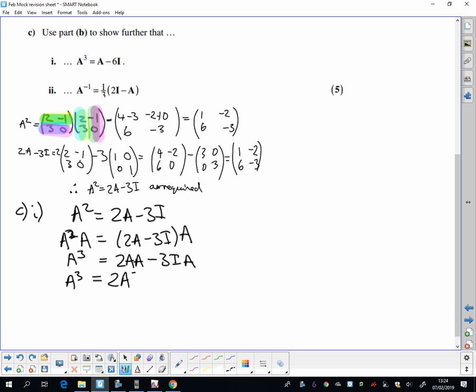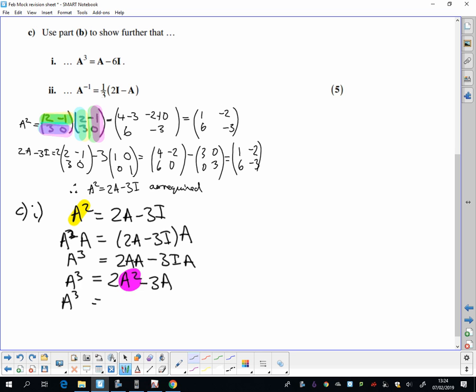So that's 2A squared. Subtract, now the identity times any matrix is itself, so subtract 3A. As you can see, we're not quite there yet. We've got A cubed, but we haven't quite got the other side. I've got an A squared. I didn't want an A squared in the answer, but up here I've got an expression for A squared.